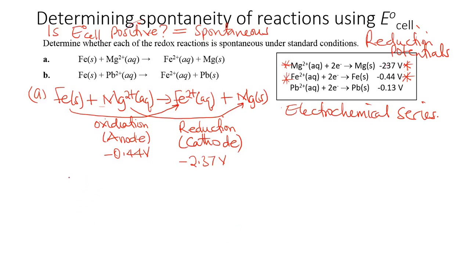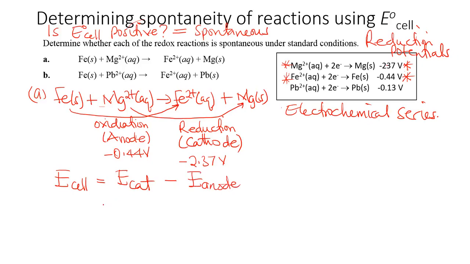But we know that E cell for the total reaction is equal to E cathode minus E anode.